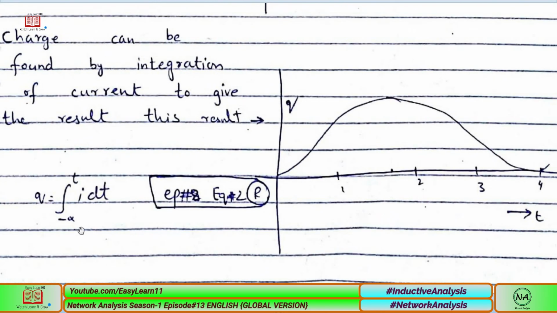Then what we need to do is apply the integral limits, usually negative infinity to time t. This is prior to the switching time period, all the time period, and this is the present time.